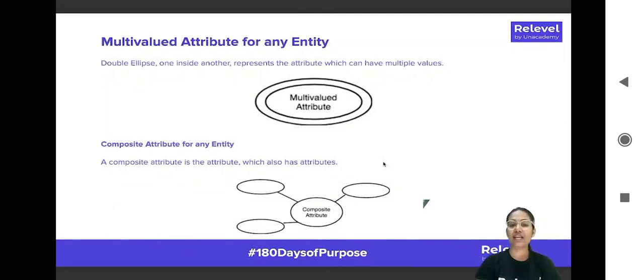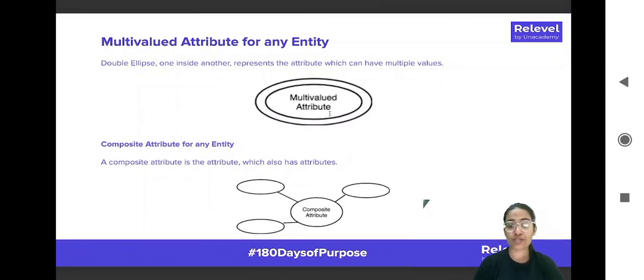Next is multi-valued: a double ellipse with both solid lines, no dotted lines. A double ellipse, one inside the other, represents an attribute which can have multiple values. For example, when we store phone numbers for a particular student, we can have multiple phone numbers. That is why we have a double ellipse.